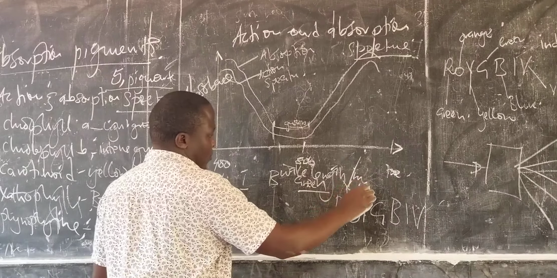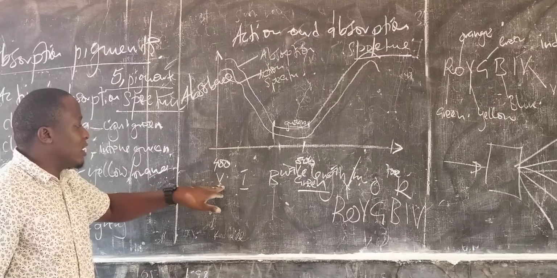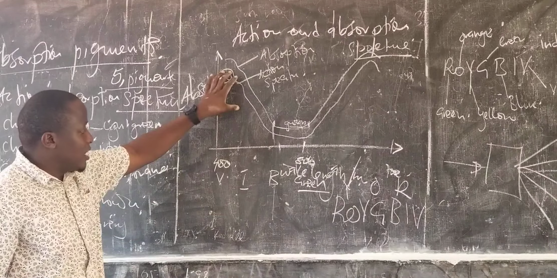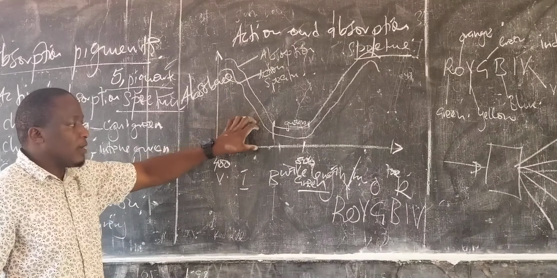That's how they appear. So we are maximizing absorption here where we have violet, because in the leaf we do not have any violet pigment. We are maximizing for that reason here. We don't have any indigo, neither do we have blue, so we have maximum absorption.